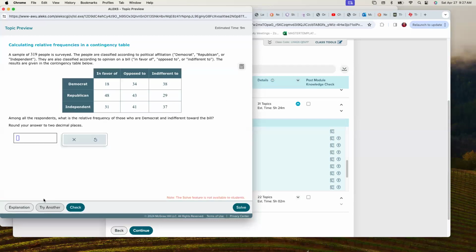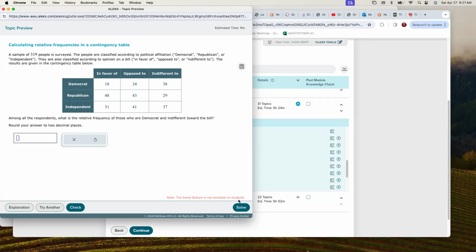Okay, here's one here. Now, of all the respondents, what is the relative frequency of those who are Democrat and also indifferent towards the bill? Now we can go ahead and do that. It would be just these 38 people who fall into that particular category. So we're taking a look at the value of two variables here. One is their party affiliation, and the other is their political stance or political opinion, whatever term you want to use for that variable.